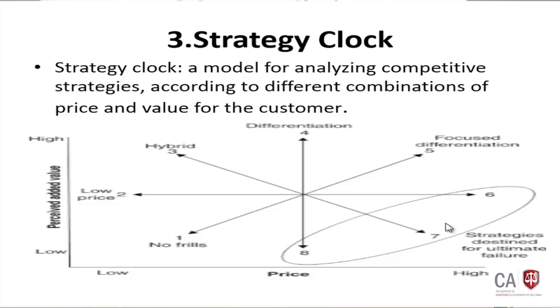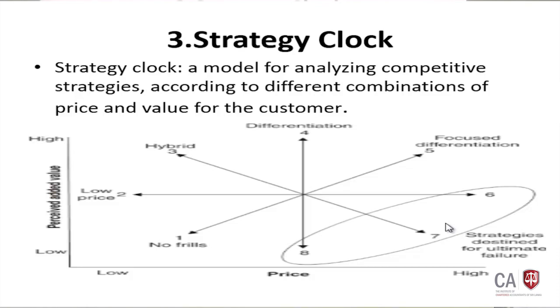You know how a clock rotates. Accordingly, you have to read this one. Here we try to identify competitive strategies based on price and value. In relation to price, we can identify three options. Price can be low, medium or high. That is normally identified on the x-axis.